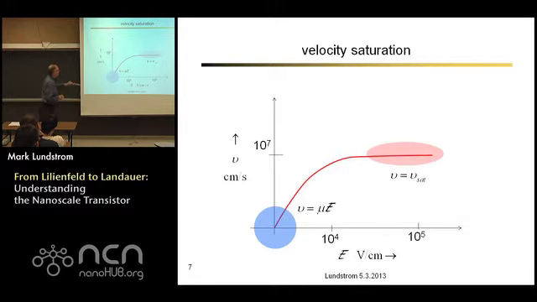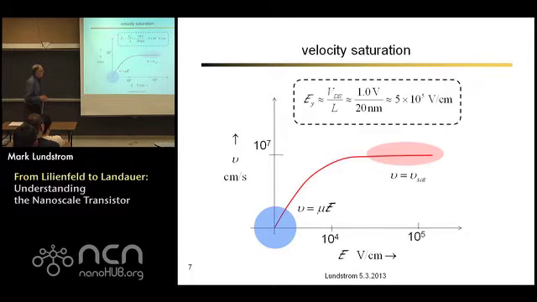So the velocity saturates in silicon at 10 to the 7th centimeters per second. Okay. Now the question is, this occurs when the electric field is about 10 kilovolts per centimeter. How high are the electric fields in these nanoscale MOSFETs?